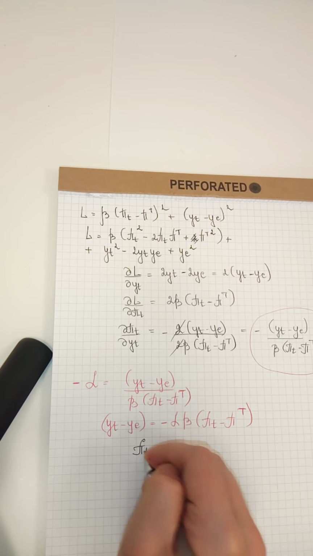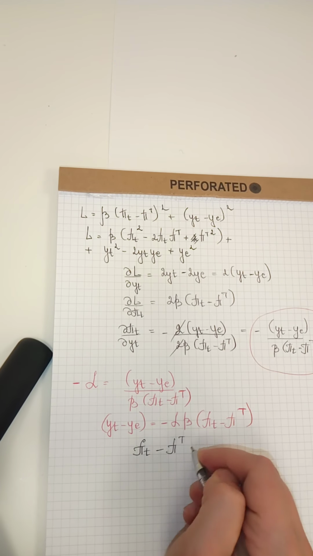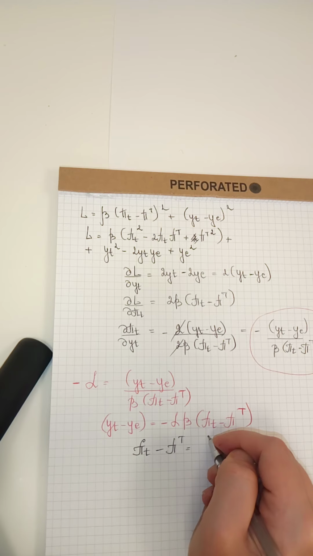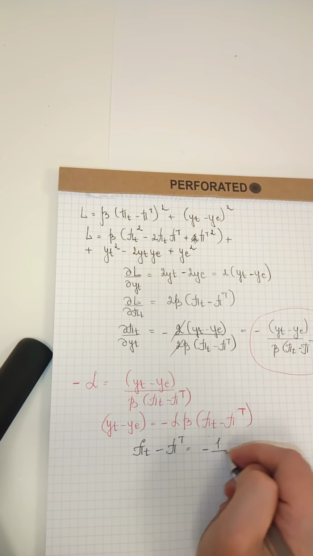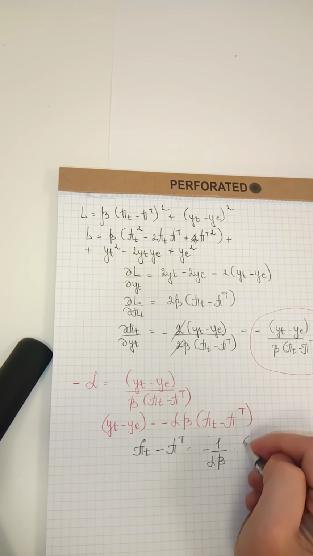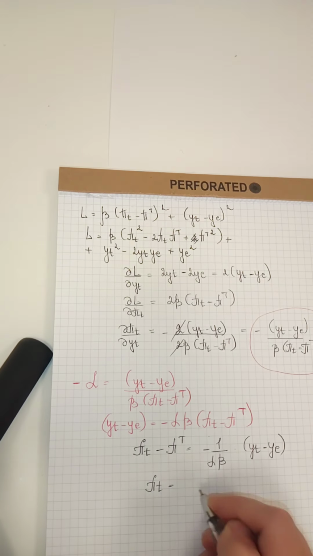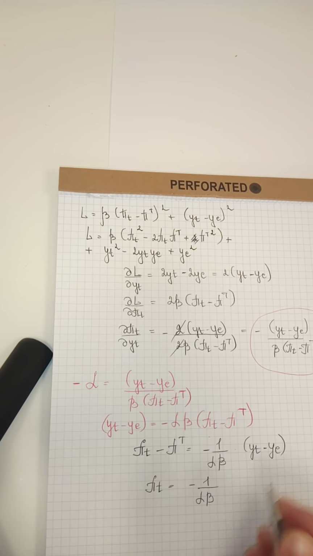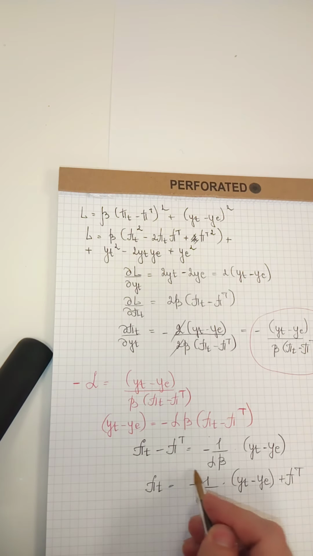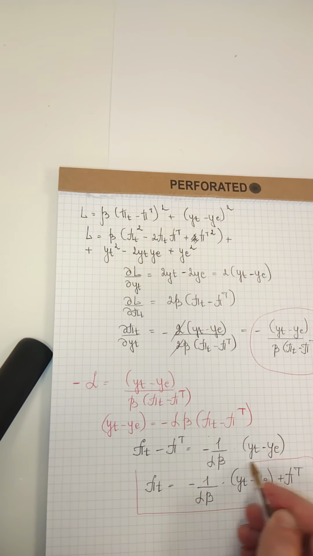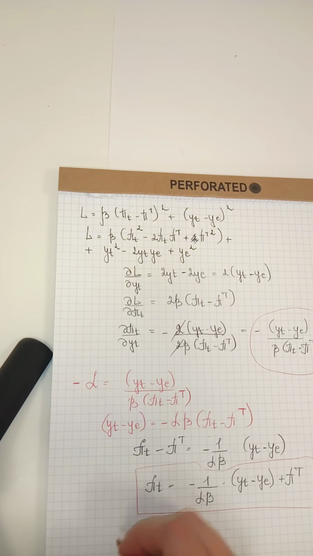So we get pi t minus pi tau equal to minus 1 over alpha beta times the output gap yt minus ye. Then pi t will be equal to minus 1 over alpha beta times yt minus ye plus pi tau. And here we are finally done. This expression stands for the formula of the monetary rule curve.